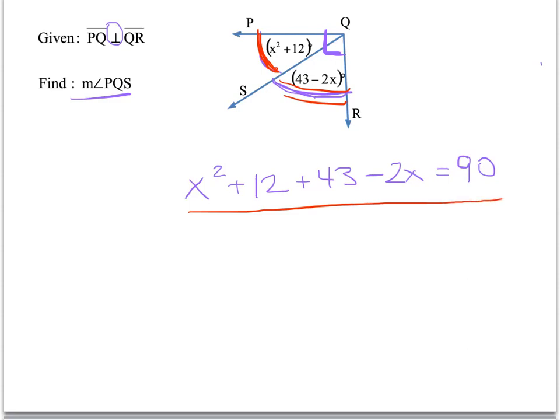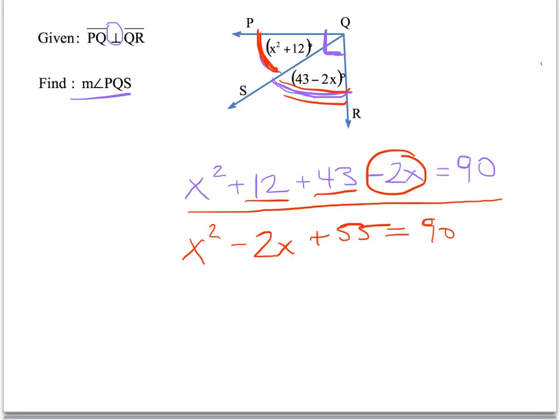Now at this point, remember how to solve a problem that has an x squared in it. We're going to set one side of our equation equal to 0. So I'm going to combine some like terms first. X squared has no like term, nor do the x values, so x squared minus 2x. 12 and 43 is going to be plus 55. It's going to equal 90. Again, subtract 90 from both sides to set up my problem for factoring.